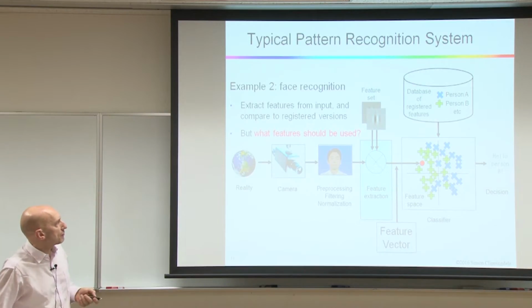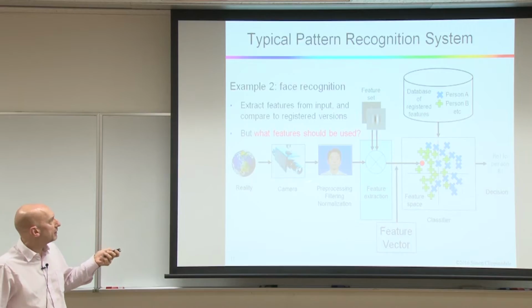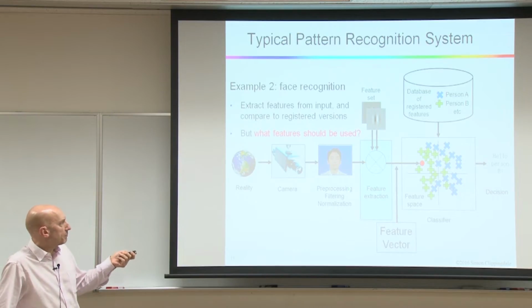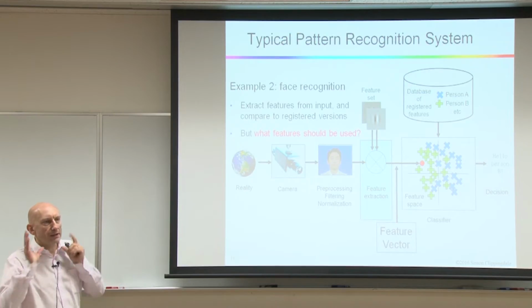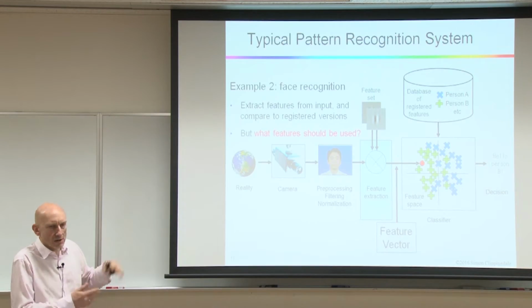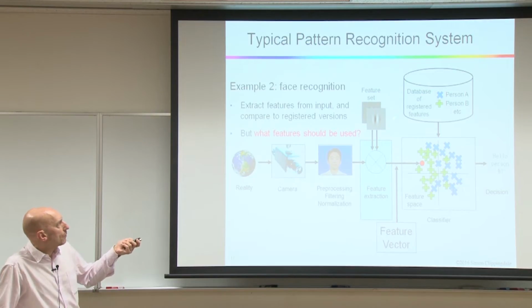So here's an example of a face recognition system. Here's the world with the camera pointing at it, or some part of it. And here we've taken a picture of this guy's face, and we're going to try and recognize him. First, there's a bit of pre-processing and filtering, maybe lining the face up in the image to the center and normalizing the size or whatever. When all that's done, we have a set of features, some features which we will choose for this task.